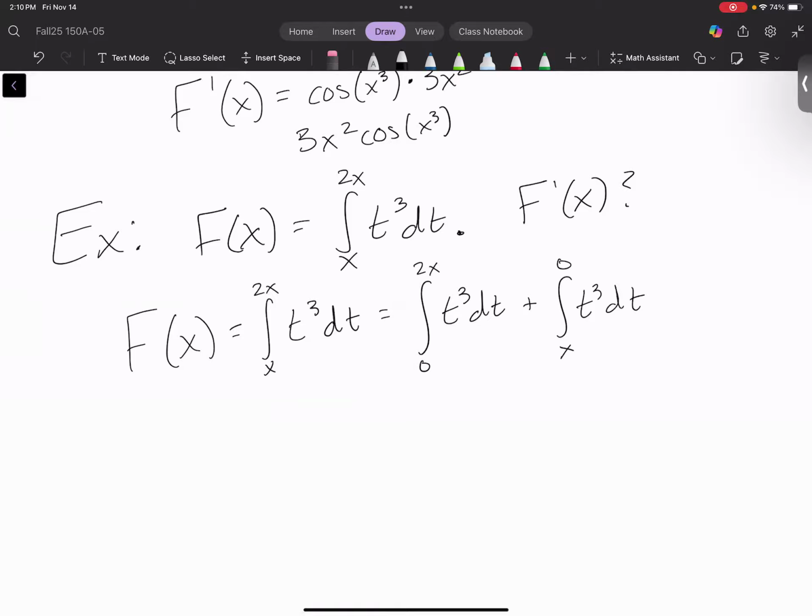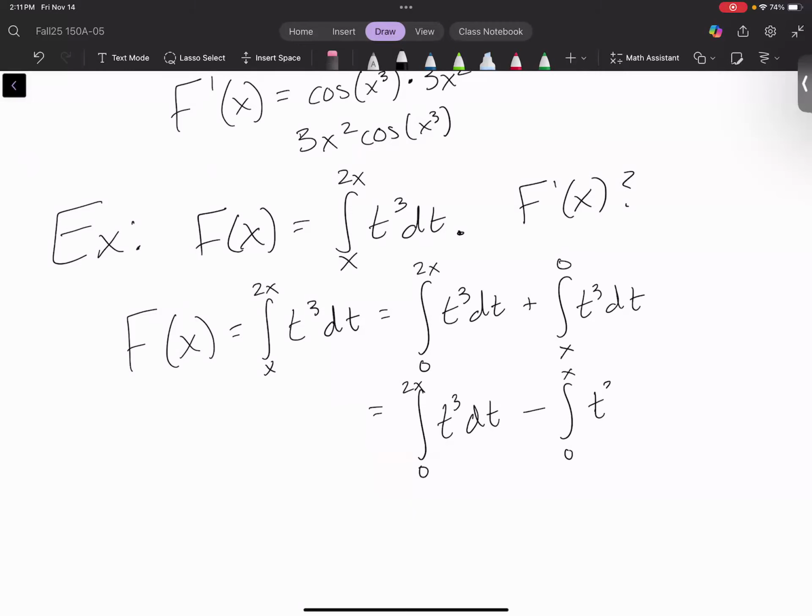See what I did there? It goes from x to 0 to 2x, kind of cut it in half there. Now I can reverse the bounds on the second integral. Remember, when you switch bounds, you pick up a minus sign.